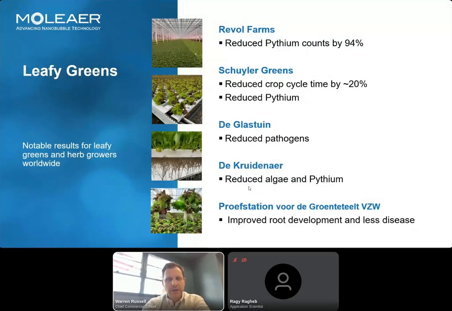Leafy greens, again, we really started our business focused on hydroponics and improving oxygen availability in these submerged systems like deep water culture. We have a vast installation base covering things like deep water culture, vertical grow systems, NFT, and again, there's some specificity of matching the objectives of the grower based on their environment, based on the oxygen levels that they may require, the disease pressure, environmental pressures that they may have.